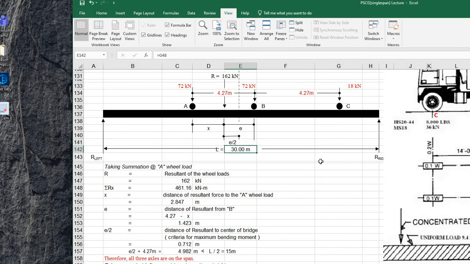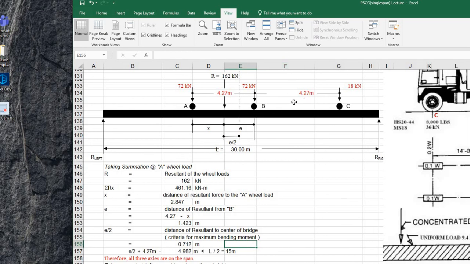So that is the distance of the resultant to the center of the bridge, and that is eccentricity divided by 2. E divided by 2 is 0.712 meters.